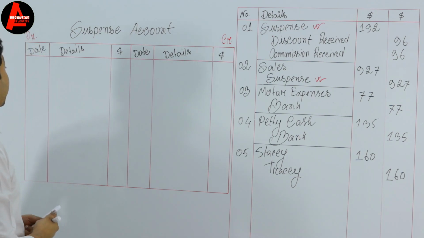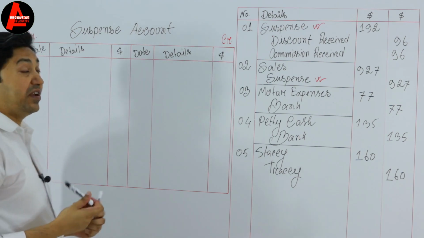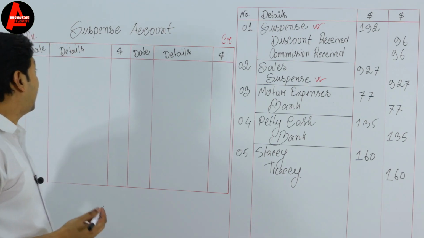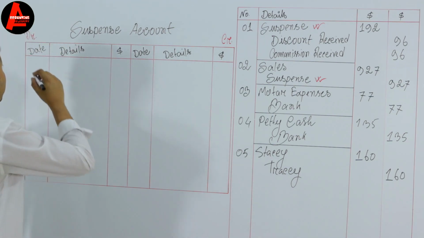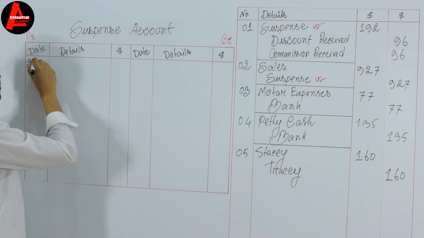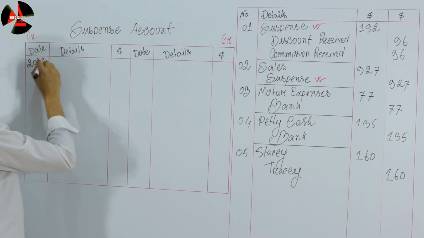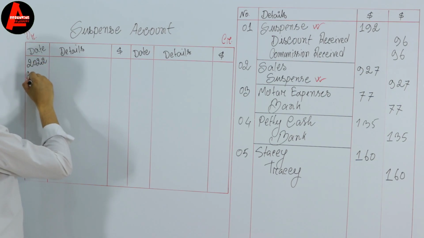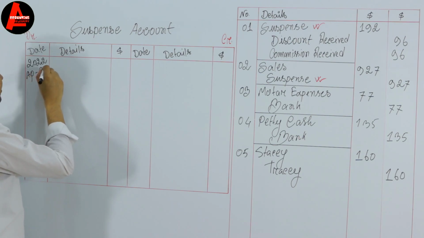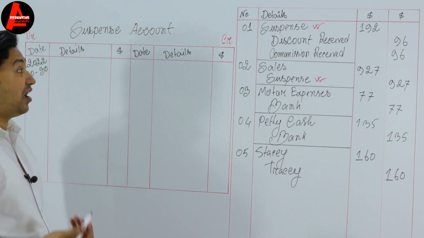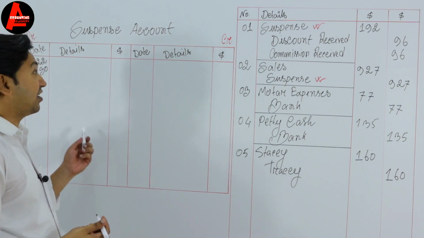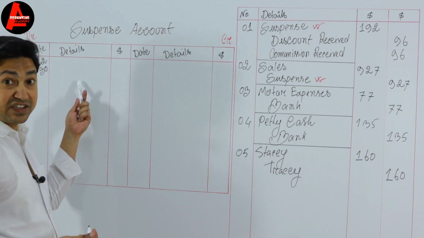Let us write the date first. What is the date in the question? We have 2022 April 30. So let us write the date: 2022 April 30. Now what will we write in the detail column? Suspense?